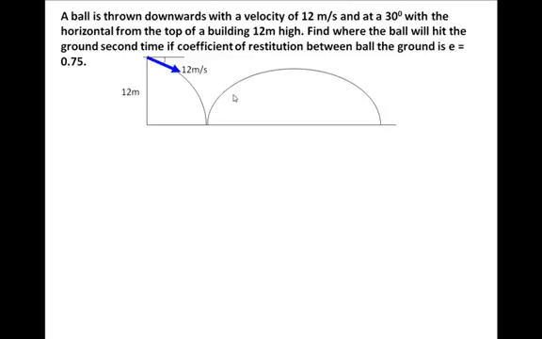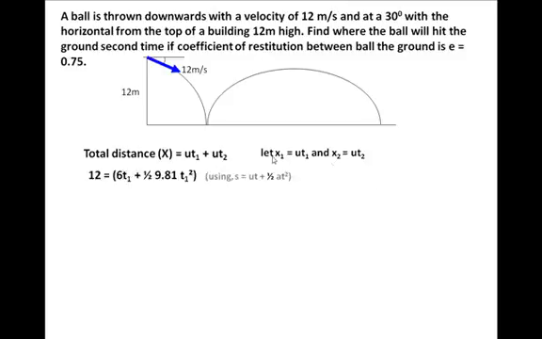So it comes here, again bounces back. So again it is projectile, direct impact with infinite body, and again it is projectile. Total distance, if this time is t1 and this time is t2, is going to be ut1 plus ut2.